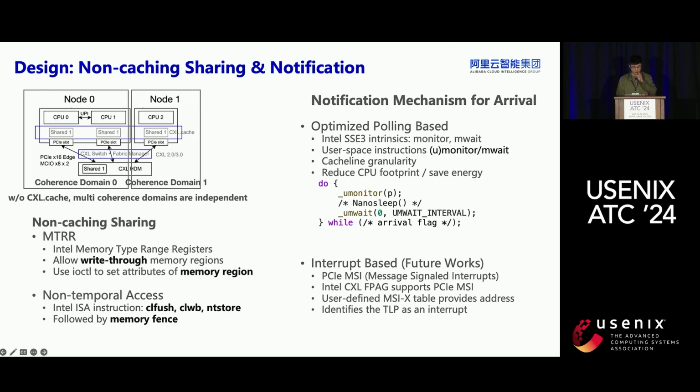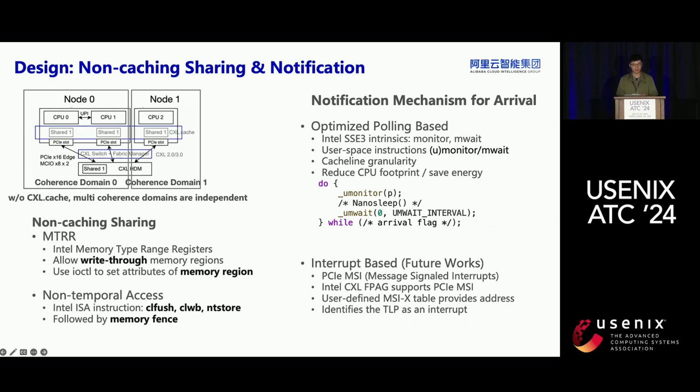So without a shared cache, memory sharing is not visible to any user. A single cache coherent domain for multiple servers will be available in the upcoming CXL version 3. Thus, applications should ensure that shared memory is used properly. We provide two alternative mechanisms to enable non-cacheable sharing via bypassing the CPU cache.